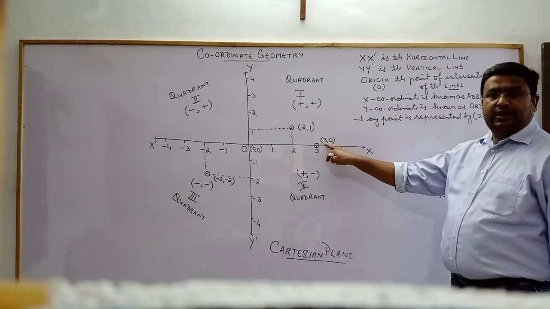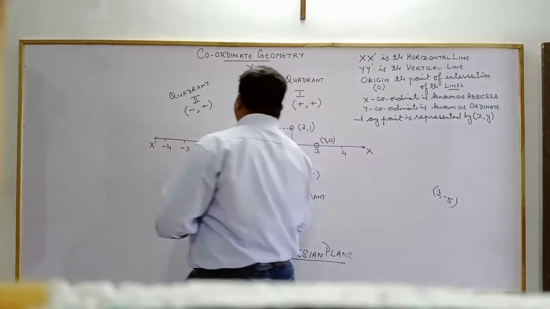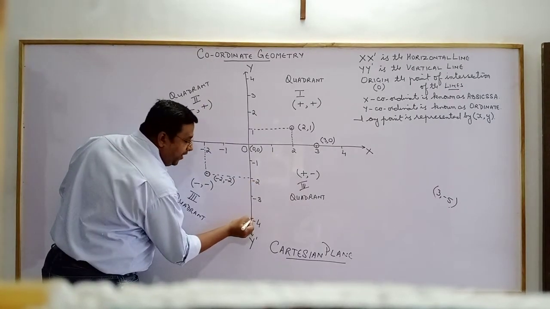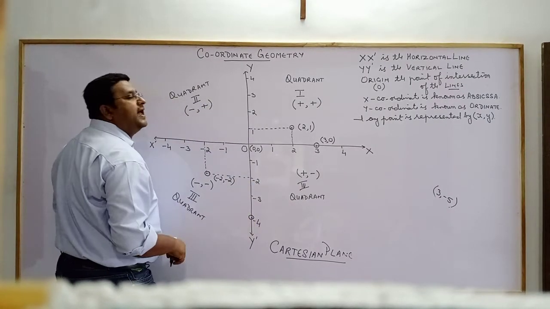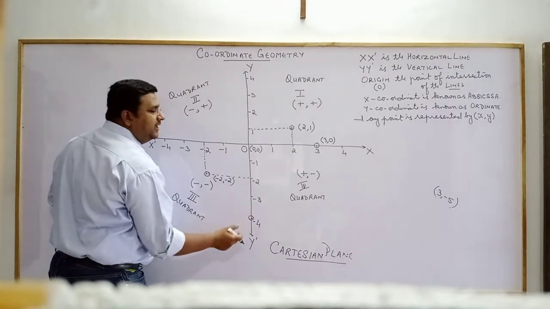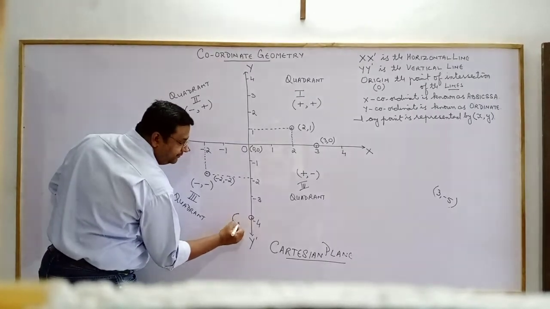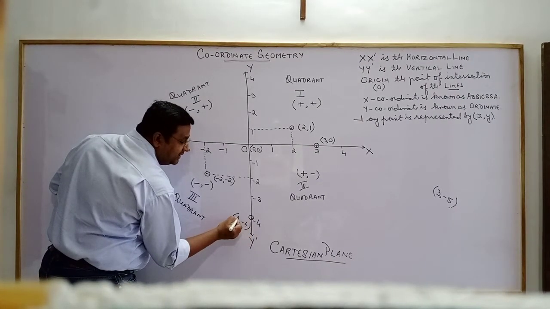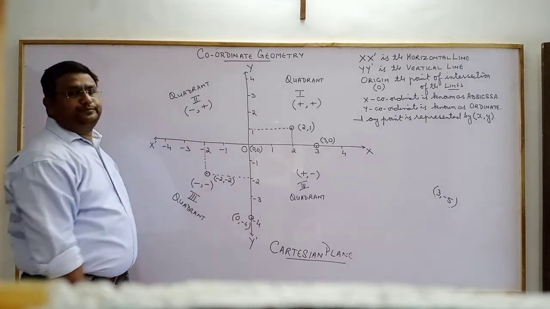Clear? Same way, when a point lies on y axis, supposing it lies over here on y axis, we can see y is minus 4. But x is 0.